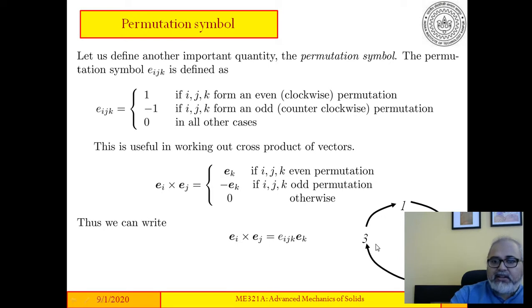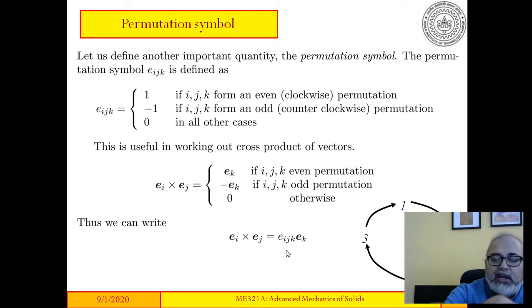That is a counterclockwise permutation, so its value is -1. Any other combination, 2, 1, 1 or 2, 1, 2, will give you 0 according to this rule. So you will get 2, 1, 3 E3, and 2, 1, 3 is equal to -1. So you get E2 cross E1 is equal to minus E3. So this is satisfied if I use the permutation symbol in this manner.